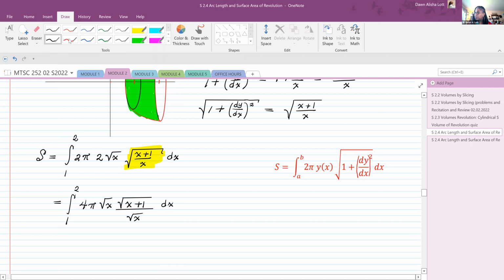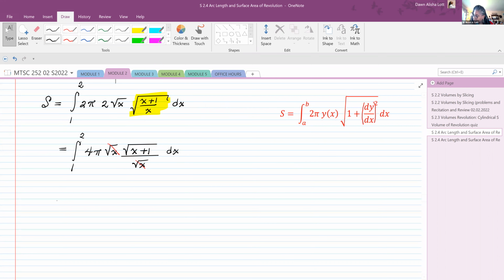Now that's beautiful because these divide out. Wow, how nice is that? So this is now the integral from 1 to 2 of 4 pi times the square root of x plus 1 dx. Okay, so now this is simple.